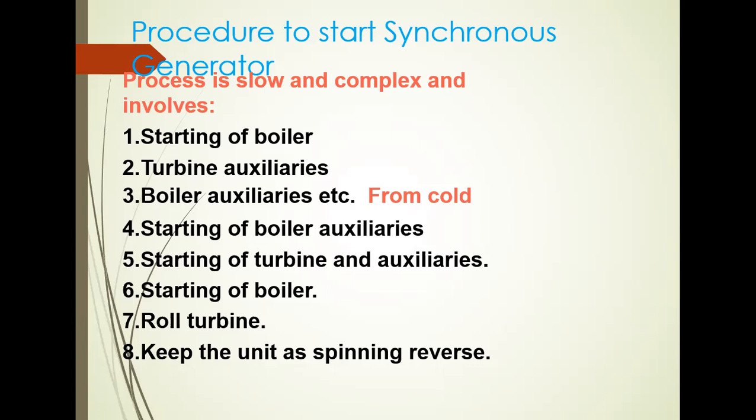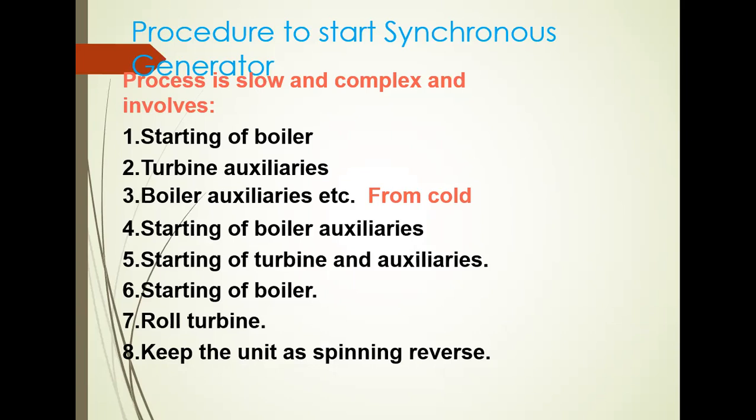Then after installation, to start the synchronous generator, it is needed to start the synchronous machine, right? So this process is slow and complex. Why? Because it needs three processes, that is starting of the boiler, turbine auxiliaries, boiler auxiliaries. So from cold means what? From the initial stage, starting stage.